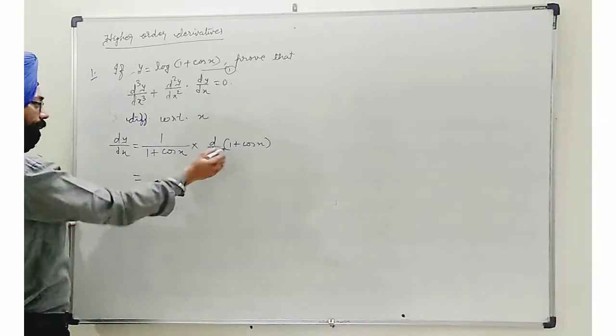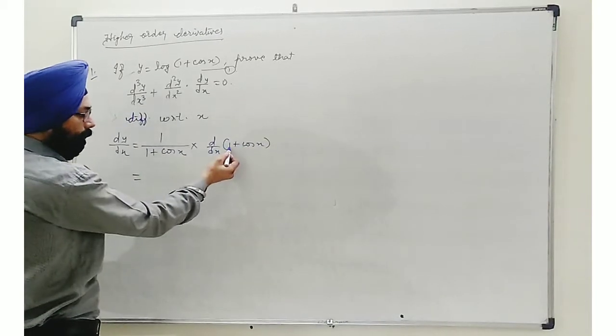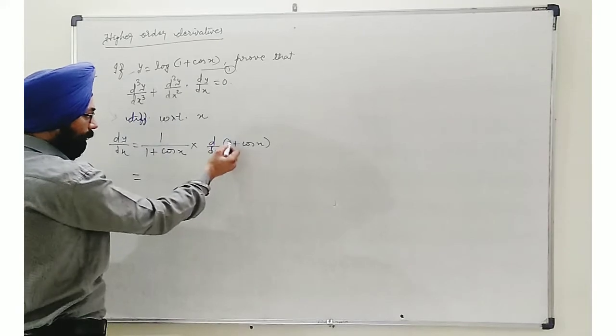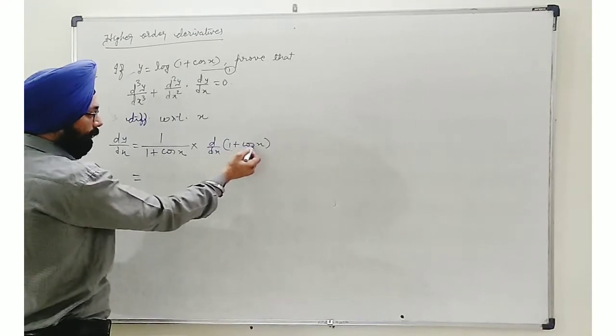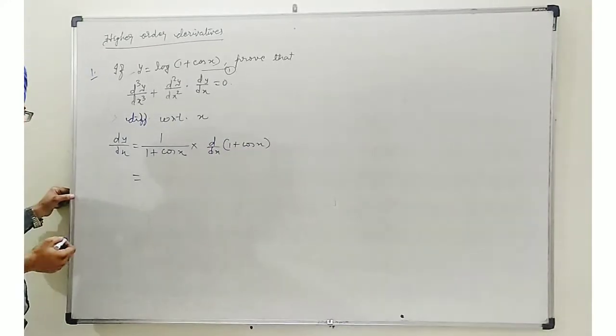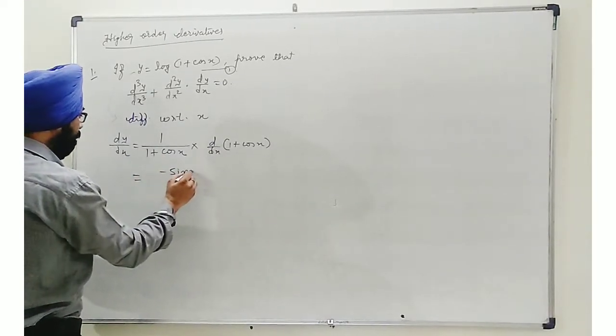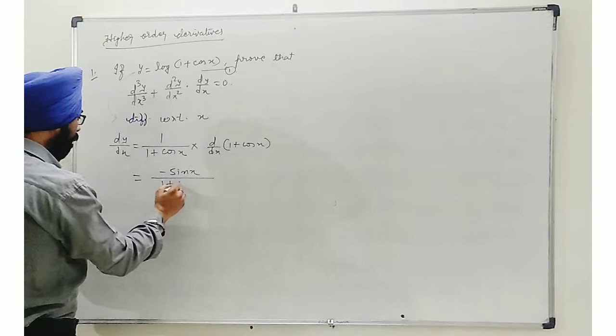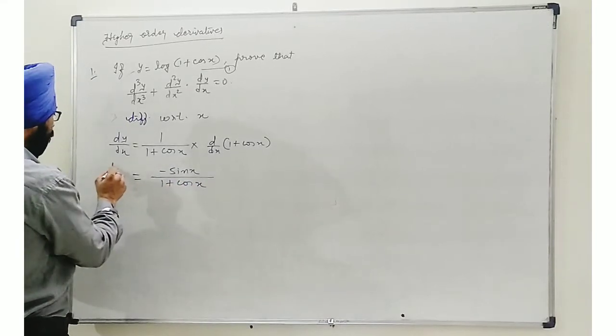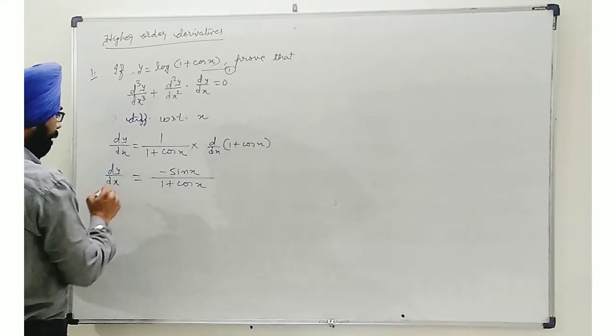Now we will differentiate 1 plus cos x. As you see, 1 becomes 0, constant, completely constant term in first. Then after addition cos x differentiation is minus sin x. So finally we can say this will be minus sin x upon 1 plus cos x. This is the value of dy by dx.